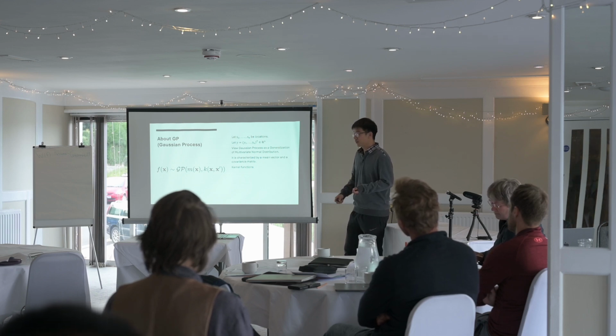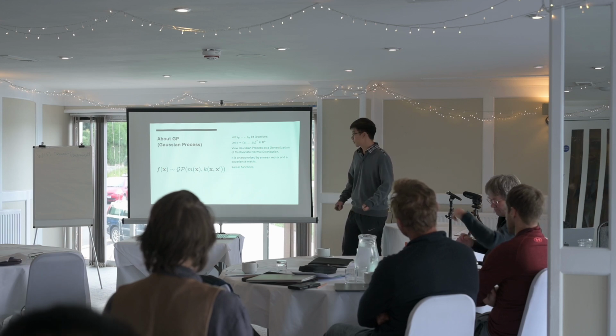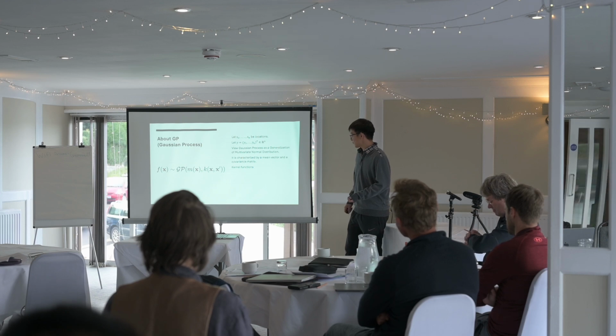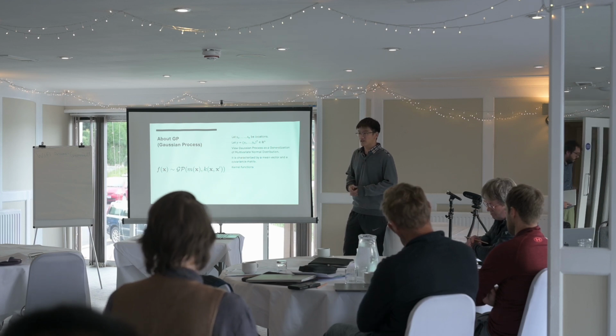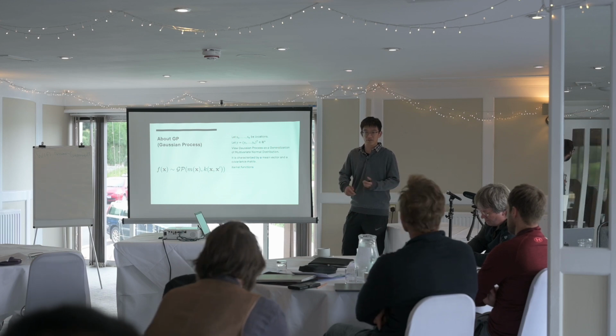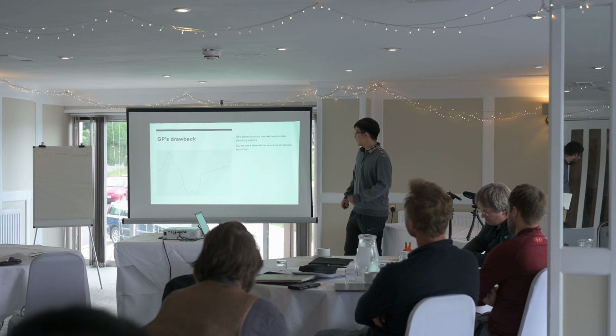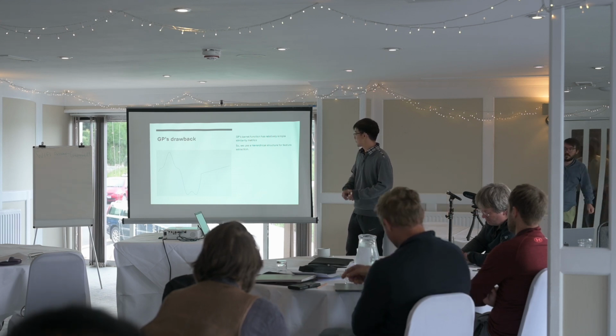There are several kernel functions you can choose from, like the squared exponential kernel or the Matérn kernel, which is the most popular one. Inside the kernel functions, there are several parameters that we want to estimate during the training process of the Gaussian process model.